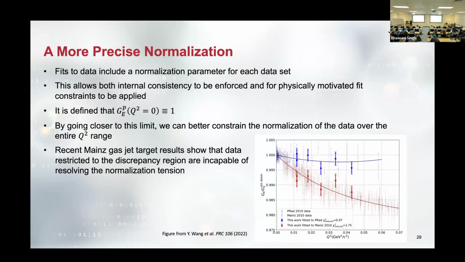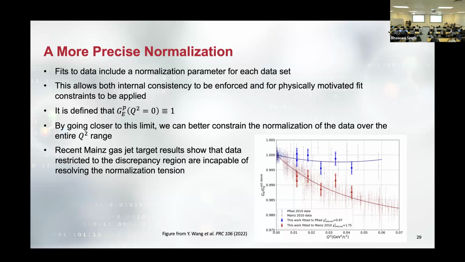And the other thing that PRAD 2 aims to get is a more precise normalization. Fits to data include a normalization parameter for each data set. MINES A1 had 31 normalization parameters, I want to say. PRAD had 2 because we had 2 beam energies, 2 data sets. Those normalization parameters give you internal consistency because you want your 2 measurements at the same Q² to agree.